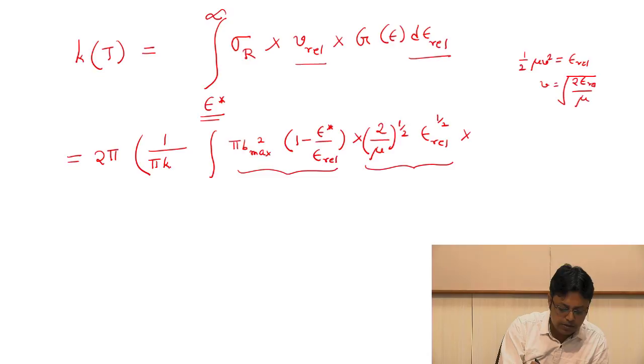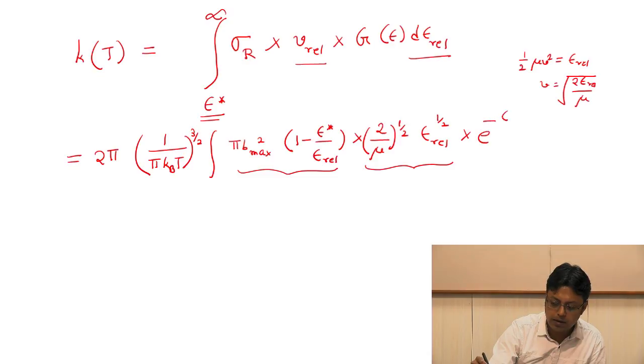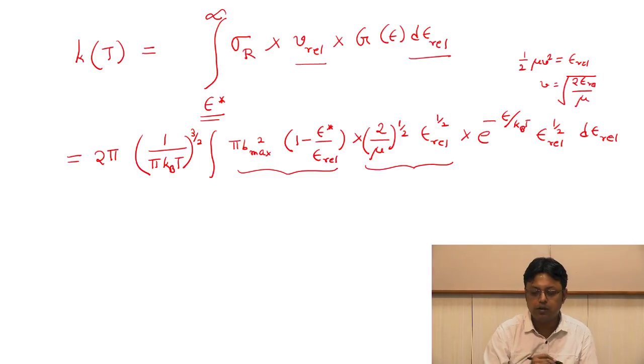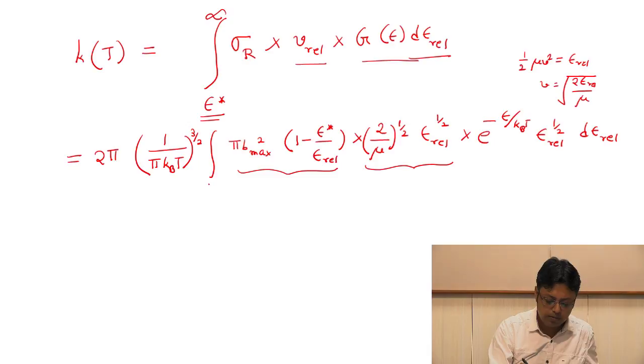These are all relative epsilon. So that is the expression for g epsilon d epsilon. Let us now calculate it. The lower limit is epsilon star, the upper limit is infinity.